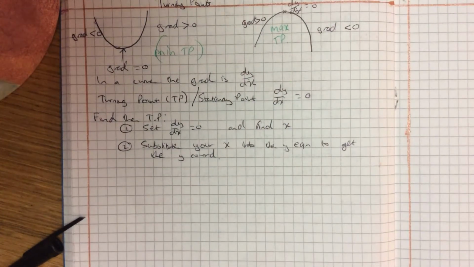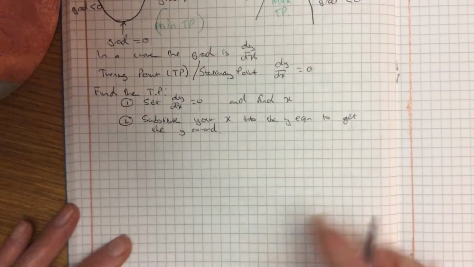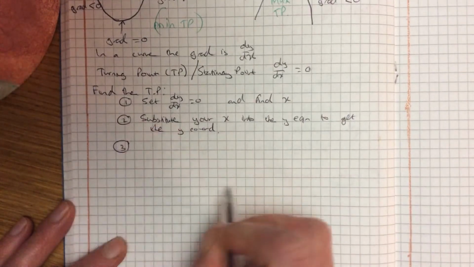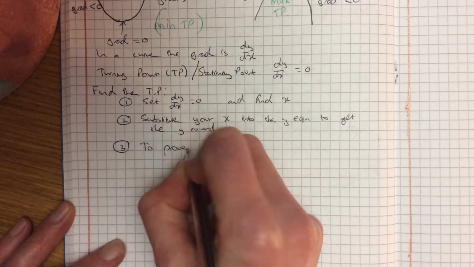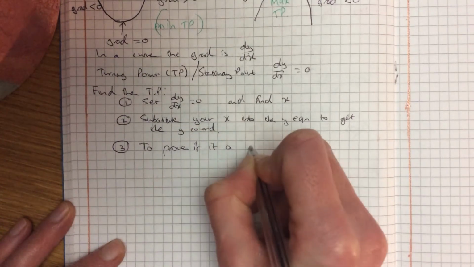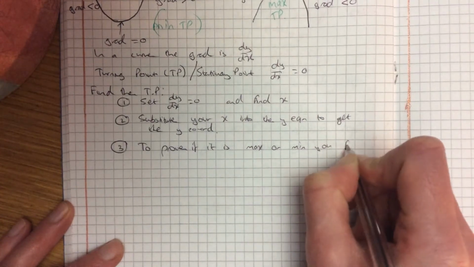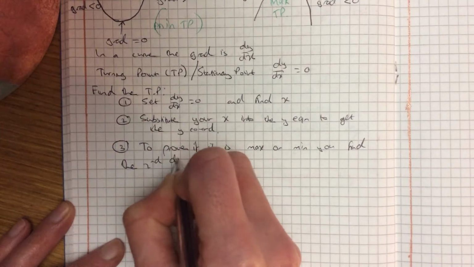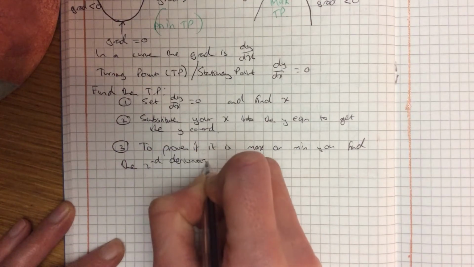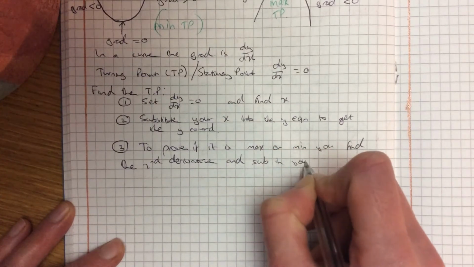Now, there's a very special way you can find out if it's a maximum or minimum without even drawing it. It's step 3 of the turning point. To prove if it is max or min, you find the second derivative and sub in your x value.